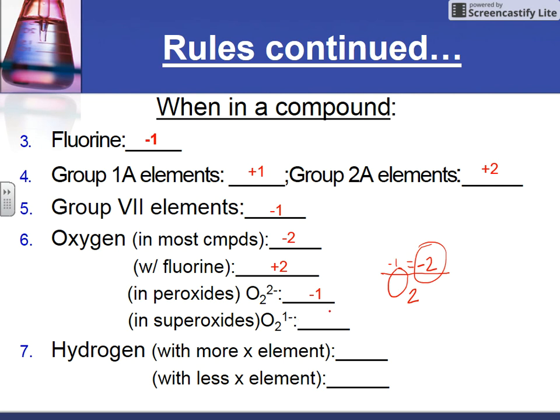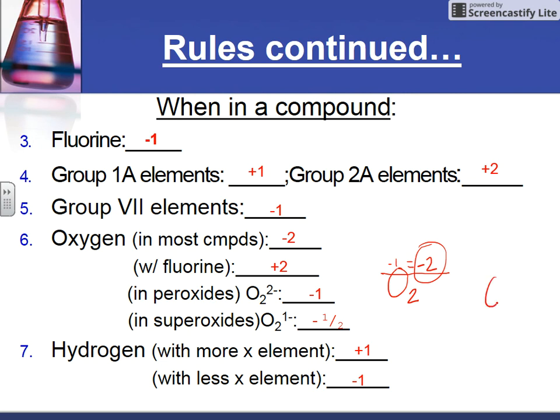With the superoxide, now this one you don't see a whole lot, but notice that the charge of this polyatomic ion is -1. So since there's 2 oxygens here, and the sum of the oxidation numbers has to add up to the charge of the ion. Now, these are not coming in order. I'm sorry. Okay, there you go. -1/2 is the oxidation number you would assign to oxygen if it's a superoxide.